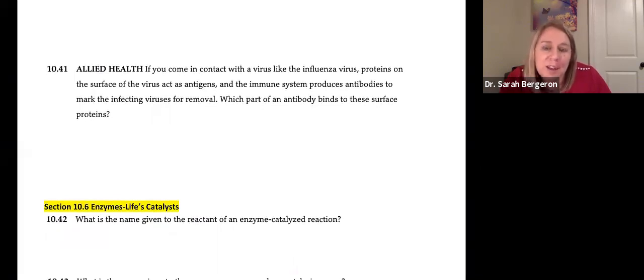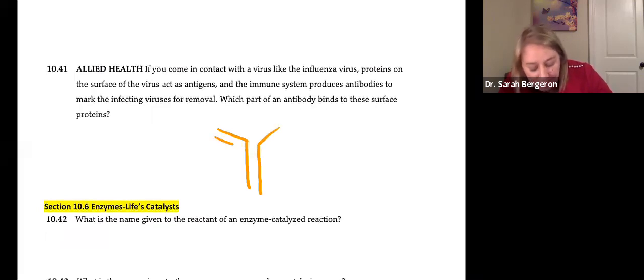If you come in contact with a virus like influenza virus, proteins on the surface of the virus act as antigens, and the immune system produces antibodies to mark the infecting virus for removal. Works for all viruses. So which part of the antibody binds to these surface proteins? Well, remember we said that our antibody kind of looks like a Y. There's our heavy chains, and then we have our light chains, right?